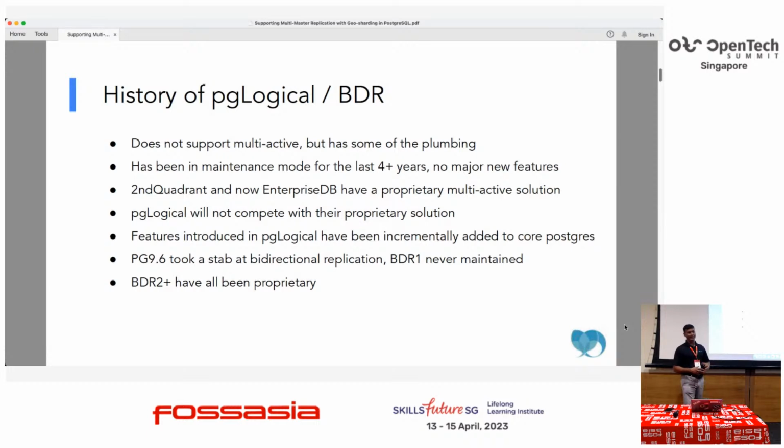And Second Quadrant, now the erstwhile Second Quadrant, and the EDB folks have something called Postgres Distributed. That's also one of the bidirectional / multi-master replication solutions available. And then after BDR1, there was BDR2 and BDR3, which were proprietary / closed source ones.